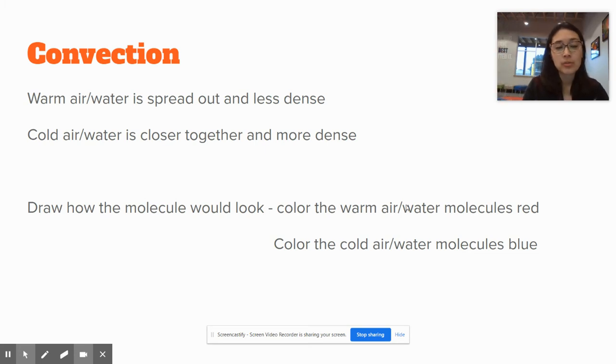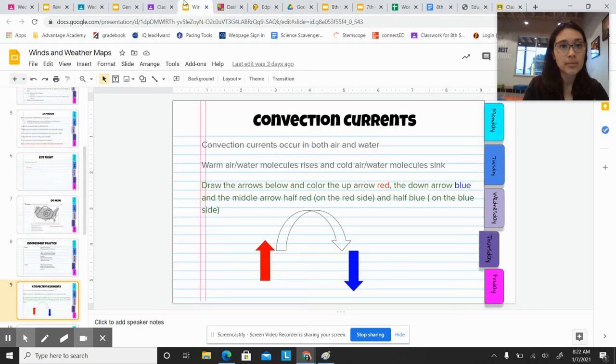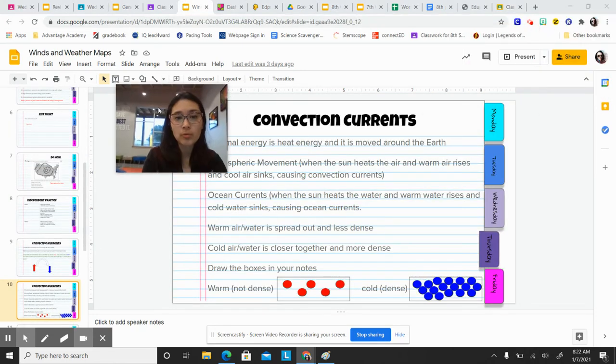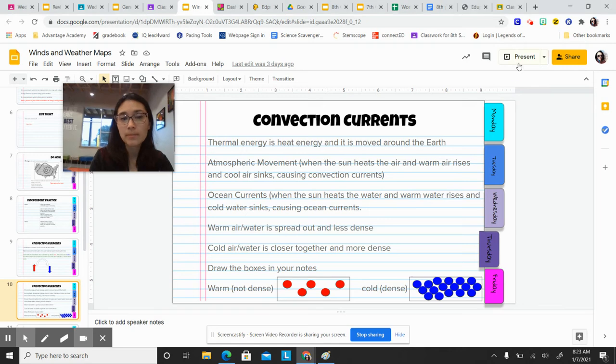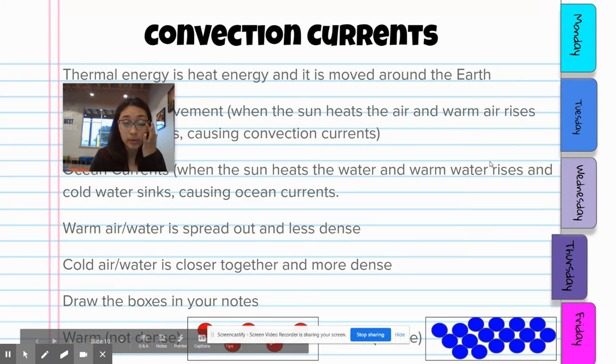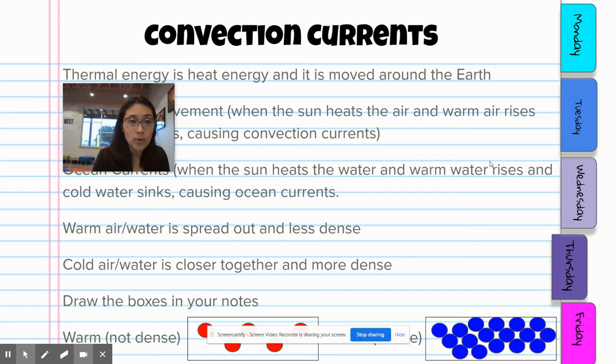So I want you in your notebook, and it's going to look something like this, to draw those two boxes at the bottom of my screen, and I want you to draw what the air molecules would look like in warm or not dense, and then cold dense.